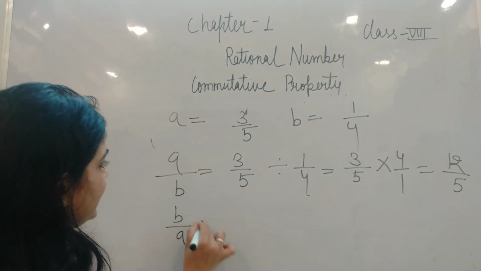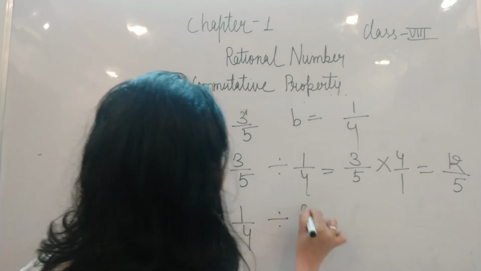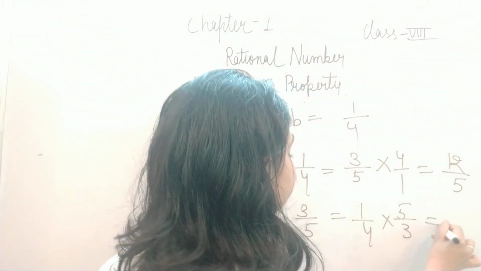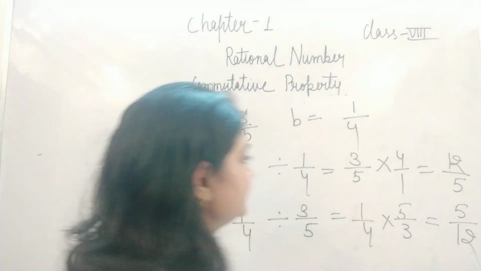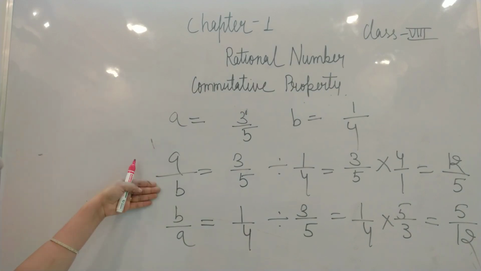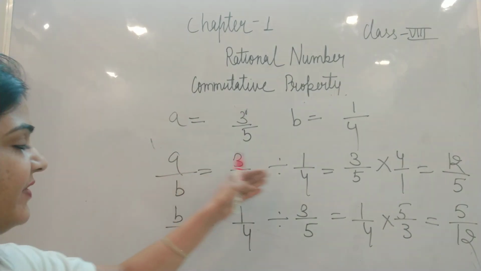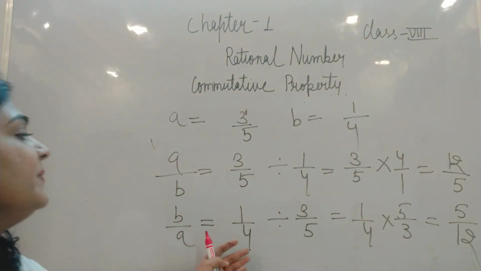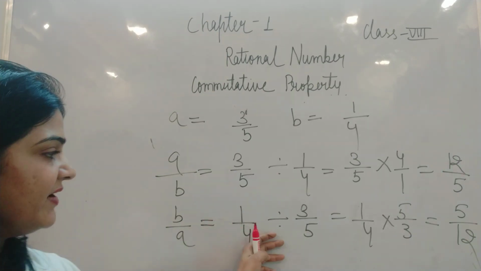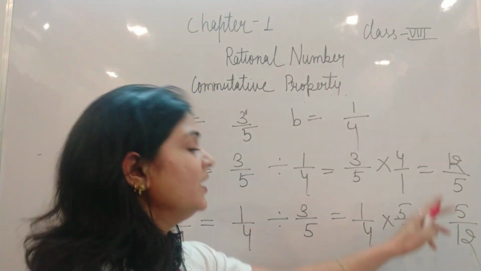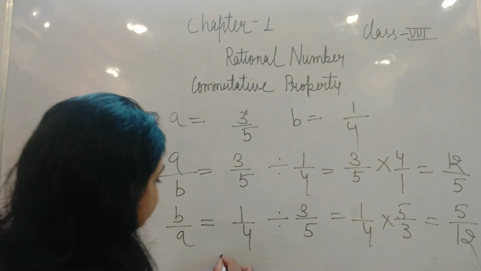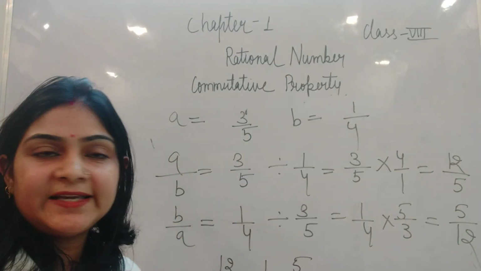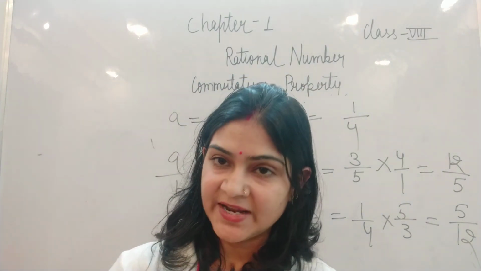Now we will do b divided by a. 1 by 4 divided by 3 by 5 gives 1 by 4 times 5 by 3, that is 5 by 12. Both the values are not the same. It means 12 by 5 is not equal to 5 by 12. So we see that division is not commutative for rational numbers.